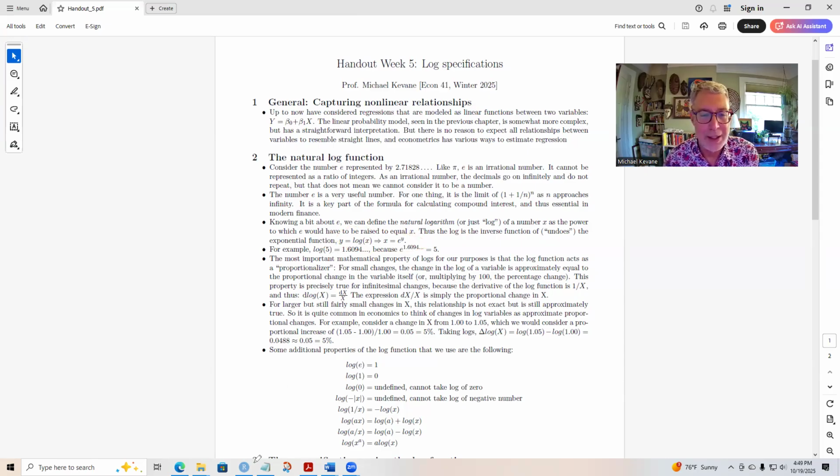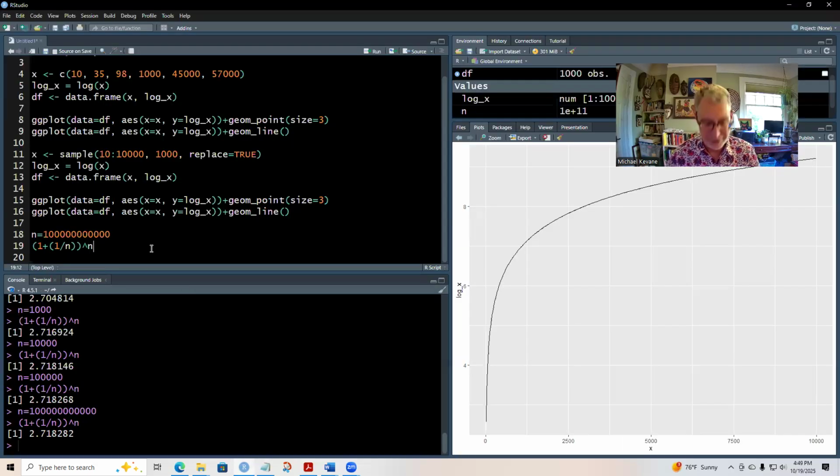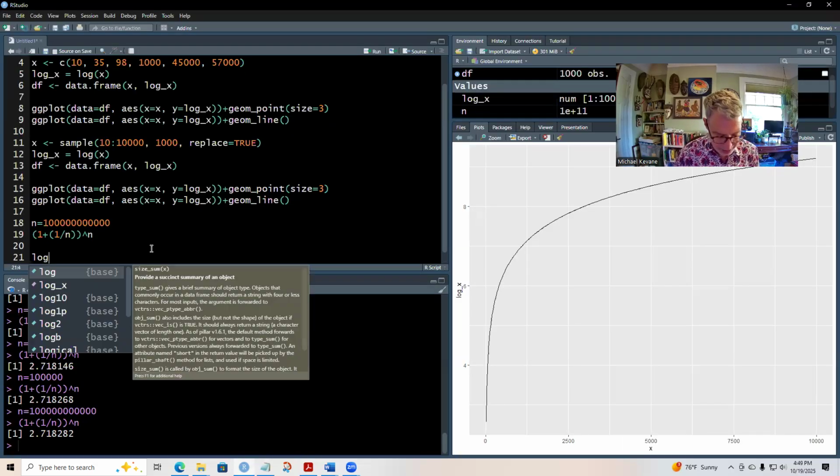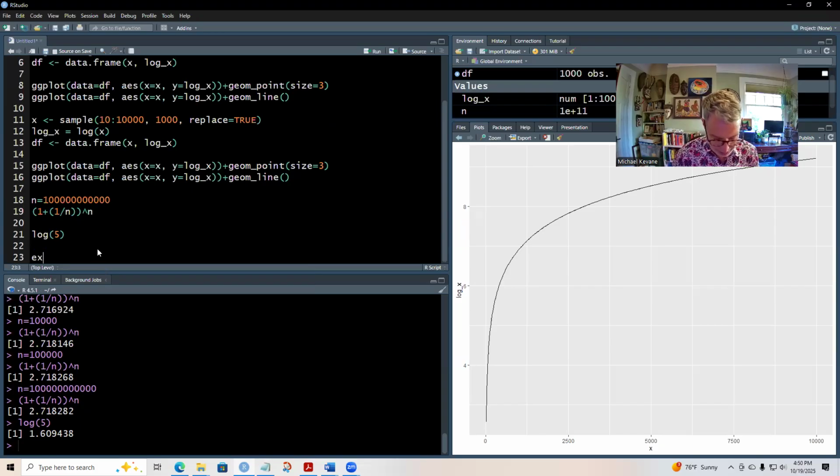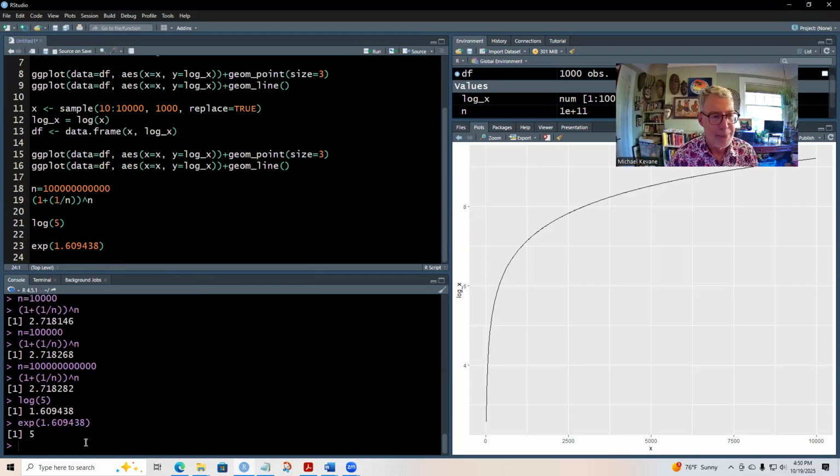Well, we can go back over to R and calculate the log of 5. Log of 5 is equal to 1.6. So we asserted that that's the number that if we raise e to 1.6094338, we get 5 back, right?